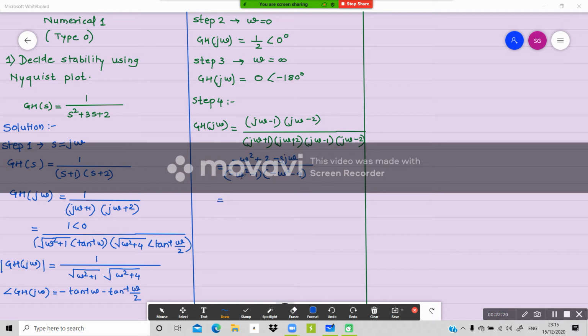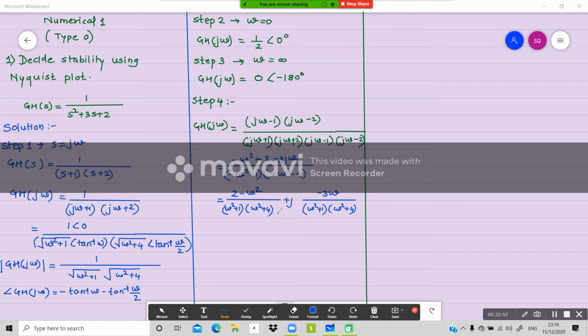I'll take this minus and this minus common and multiply, so you are going to have the real part 2ω² upon (ω² + 1)(ω² + 4) plus j, minus 3ω upon (ω² + 1)(ω² + 4).